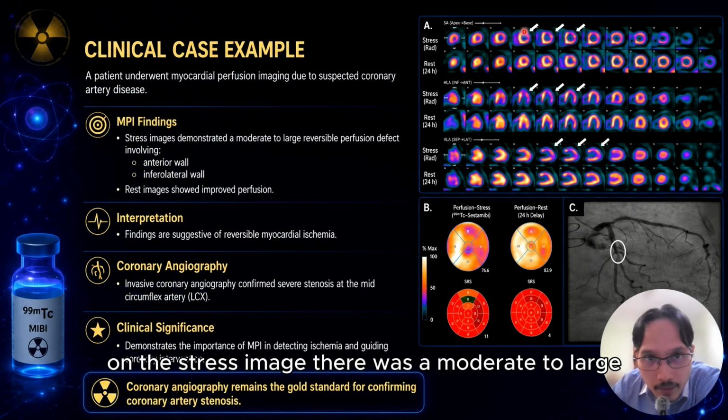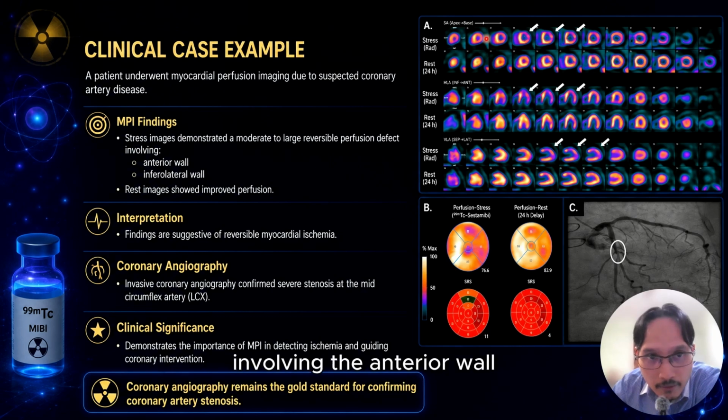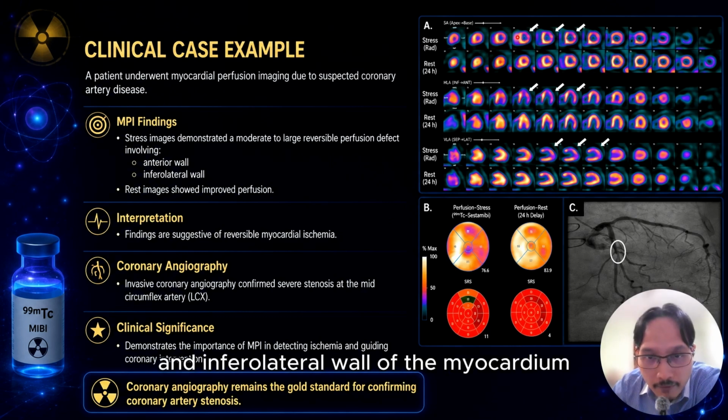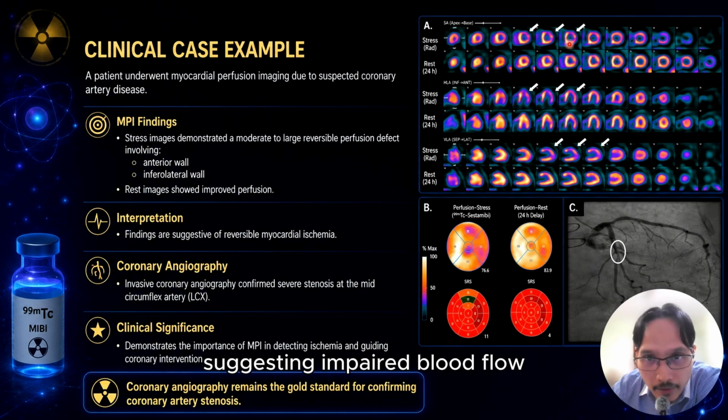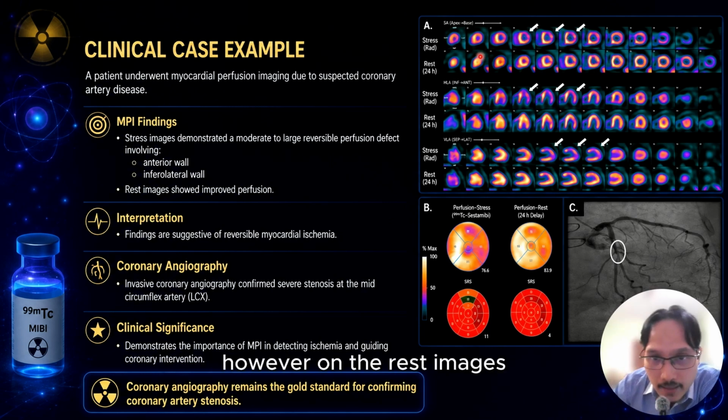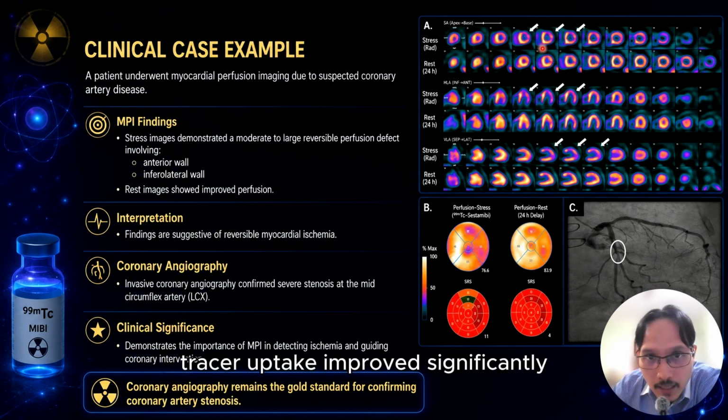On the stress image, there was a moderate to large reversible perfusion defect involving the anterior wall and inferolateral wall of the myocardium. These areas showed reduced tracer uptake during stress, suggesting impaired blood flow when the heart was working harder. However, on the rest images, tracer uptake improved significantly.